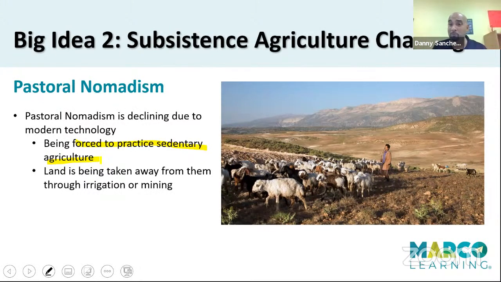And also they're losing part of their grazing land due to irrigation or mining. All right. So basically, the areas they used to be able to graze through pretty freely, now there might be land claims there, or a company doing a big dig looking for natural resources. So they're being forced more onto their plots of land than staying there. All right. So those are going to be problems for pastoral nomads.